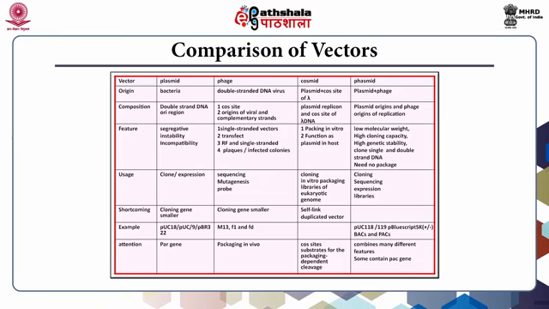In terms of composition, plasmid is double-stranded DNA with an ORI region, phage has a cos site and origins of viral and complementary strands, cosmid has a plasmid replicon and a cos site of lambda DNA, and phasmid has plasmid origins and phage origins of replication.